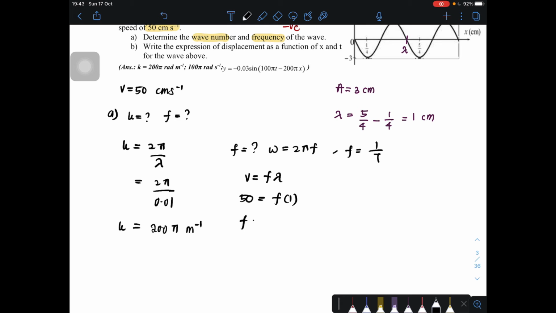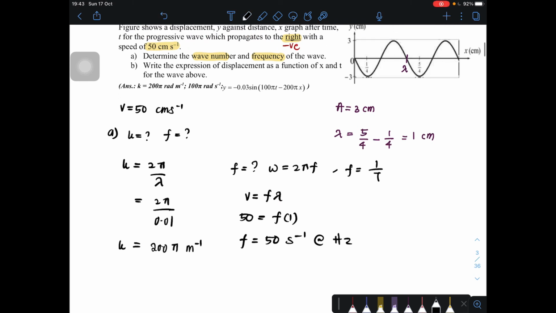So f is equal to 50 per second, or 50 Hz. If you want to convert it to meter, you can actually, but because we want it to be per second, the meter will cancel anyway. So there is no need to convert to meter. What is important is that both are in the same unit.